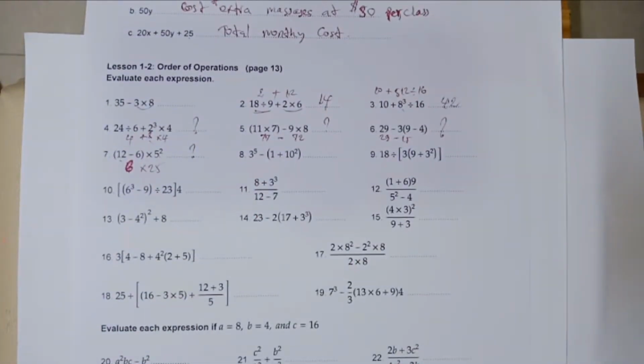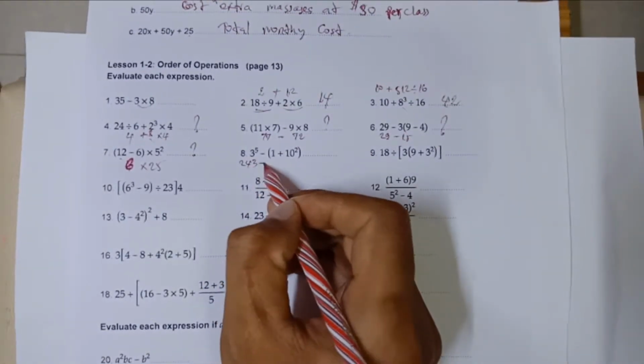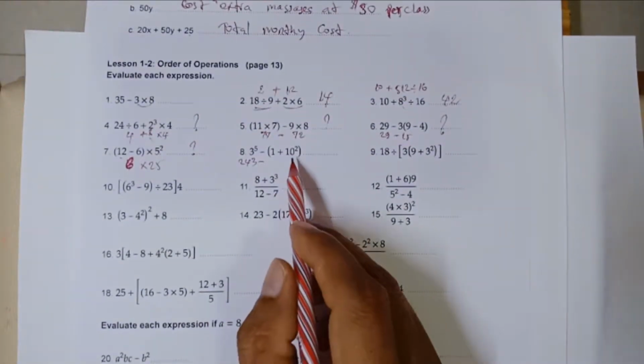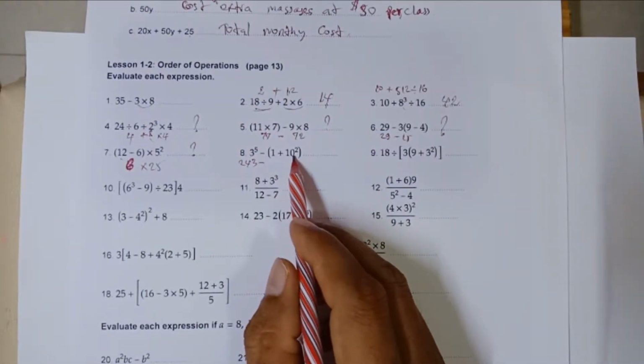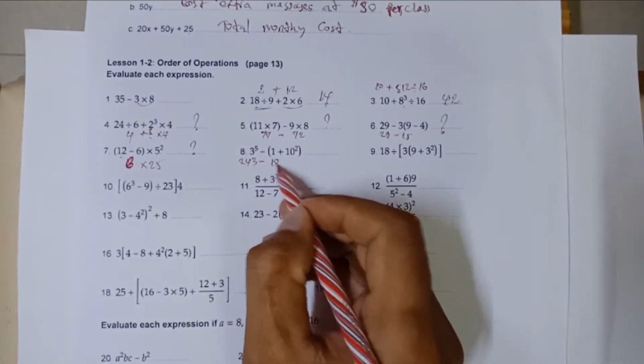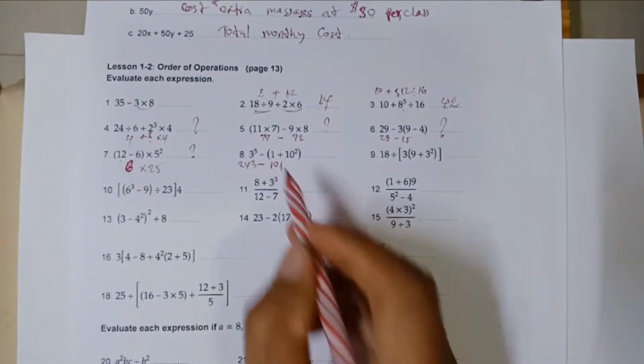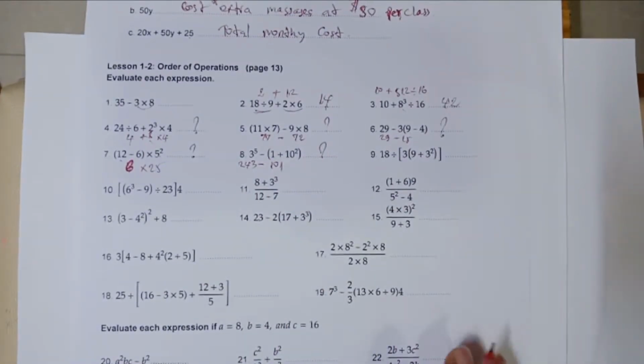This is 3 to the fifth. 3 to the fifth will give you 243. 243 minus, and you work inside here. 10 squared, 10 times 10 is 100. And then 100 plus 1, you have 101. And you do the minus, you get your answer.